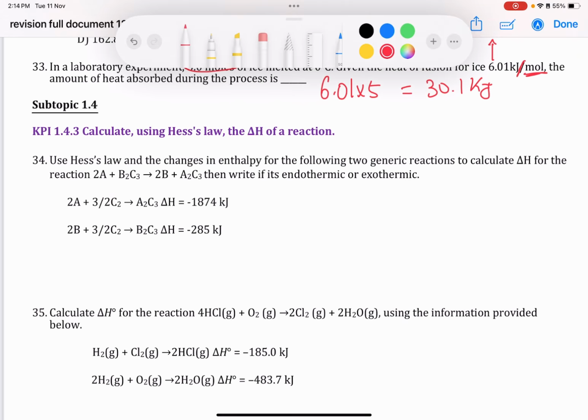Hess's law. For Hess's law, there is a video tutorial on my channel that will help you also learn more about Hess's law. In Hess's law, you always have a target equation and you have given equations. I'm going to name this equation 1 and equation 2. And you need to manipulate those given equations in order to reach the target equation.